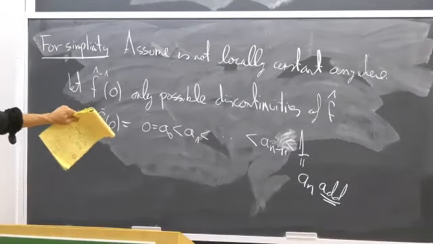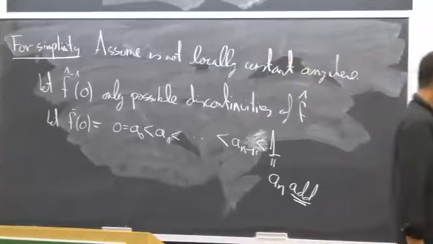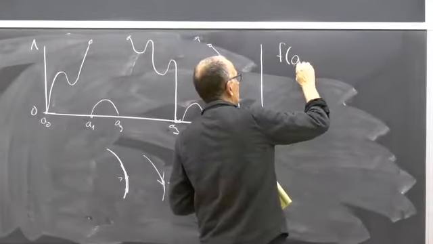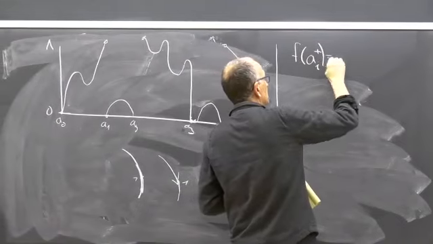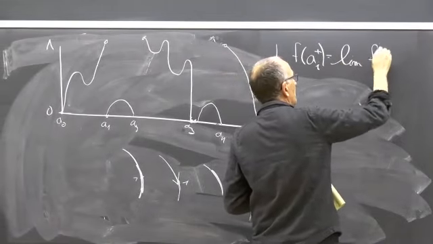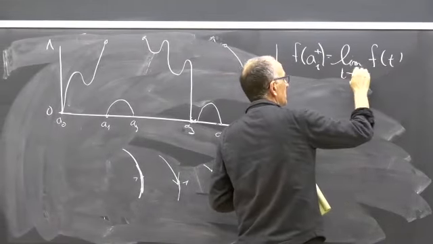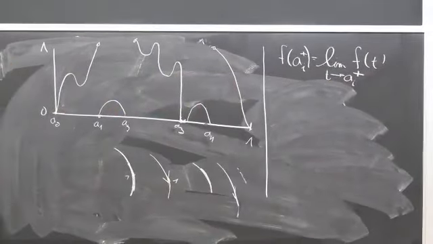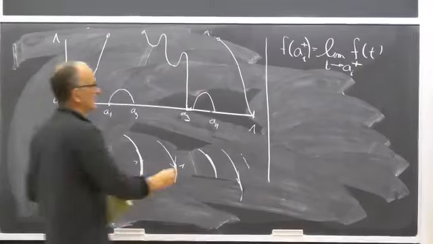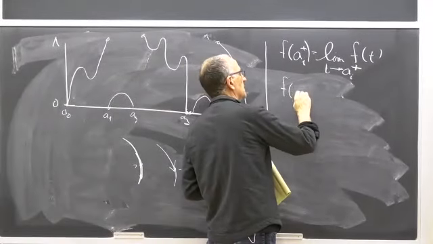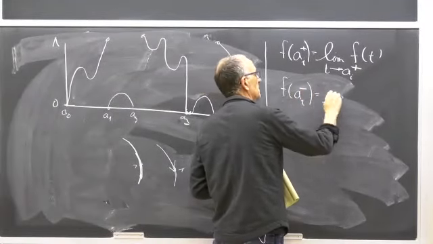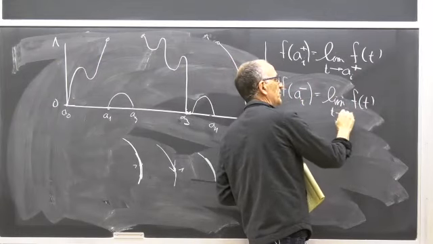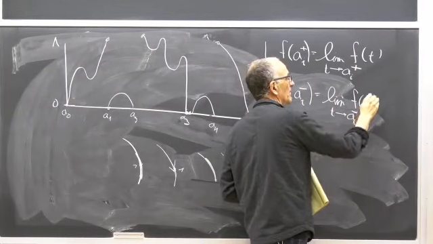And now, for each AI, let's write f of AI plus, the limit of f of t as t approaches AI from above, and let's write f of AI minus, the limit of f of t as t approaches AI from below.